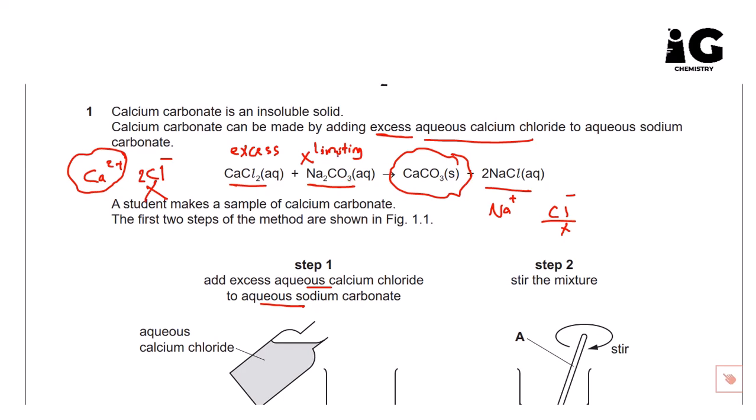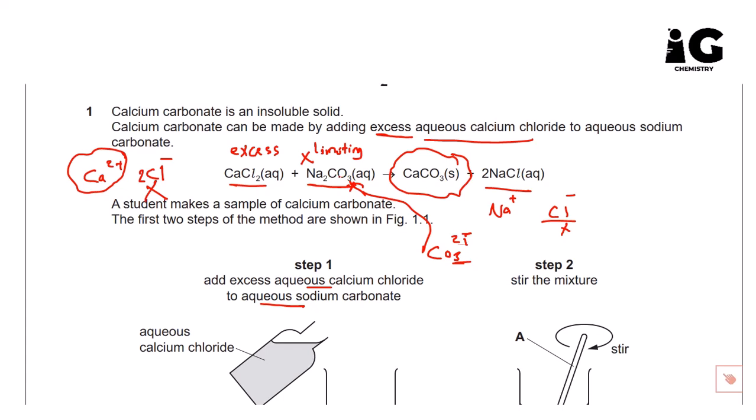Because we said this is limiting, theoretically it's supposed to not be found by the end of the reaction. So if we check the presence of this anion, which is CO3 2 minus, we check for the carbonate by adding acid to produce carbon dioxide. If we have carbon dioxide, which makes effervescence or fizzing, it means we still have this.